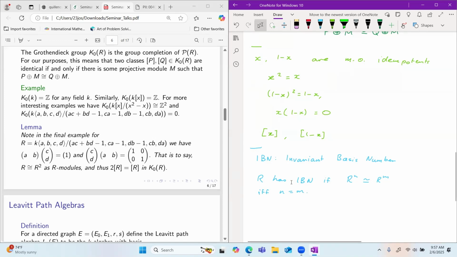When I was first learning about this, I thought this was an obvious property because I didn't know of rings like this that existed. But it is unfortunately not the case.